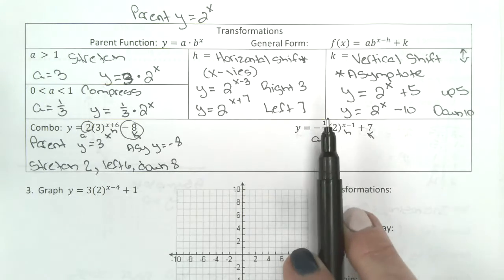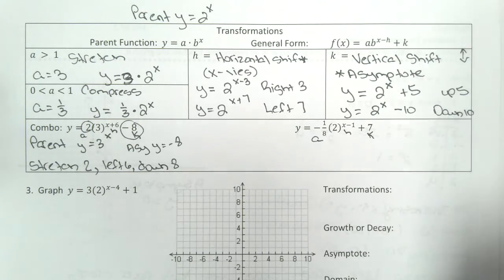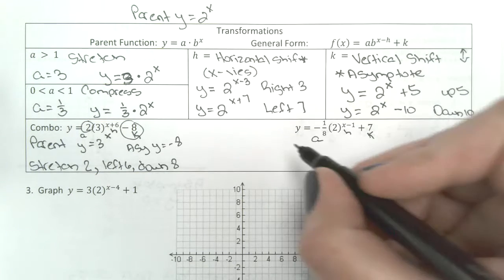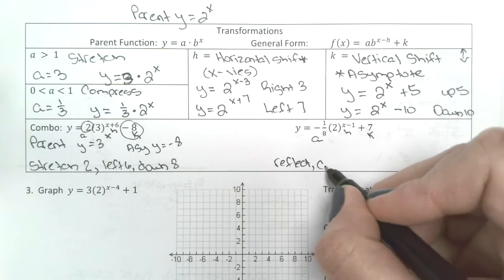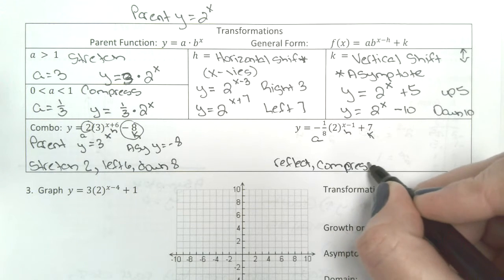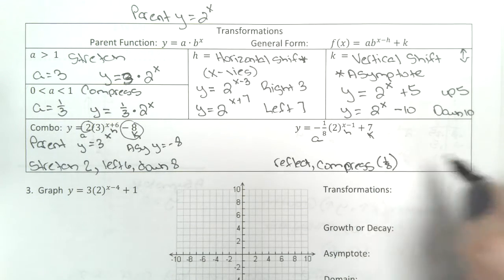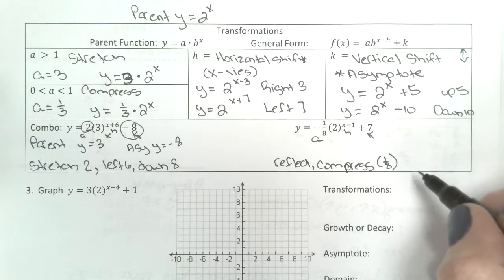I didn't put this one on the notes, but hopefully you remember that when you have a negative out in front, that makes it reflect. So this one is going to reflect. The fraction of 1/8, that makes it compress by 1/8. x minus 1, so your x lies to you.